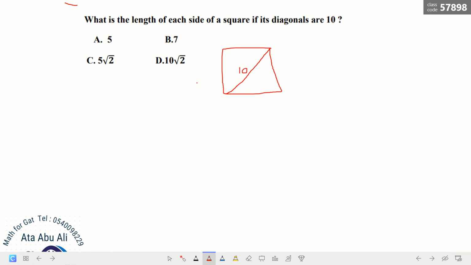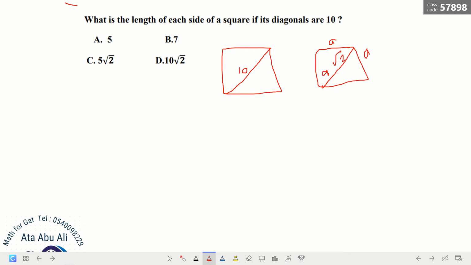If I suppose the side is equal to A, all sides are equal to A, this is A and this is A. Now, the diagonal is equal to A square root of 2.